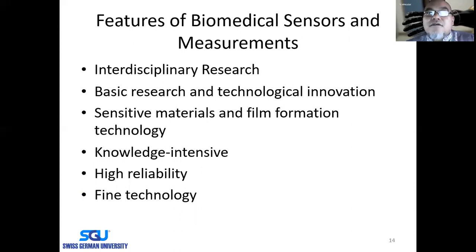Then if we want to develop a system that also interprets the signal, some knowledge of information technology or artificial intelligence is also required.